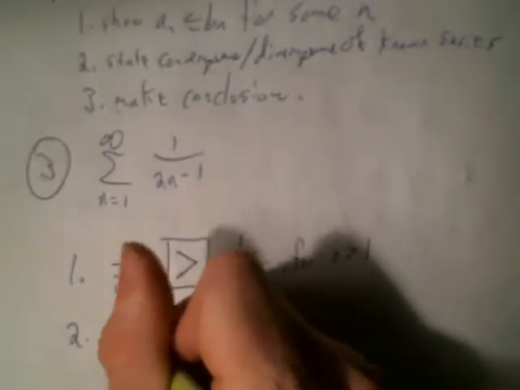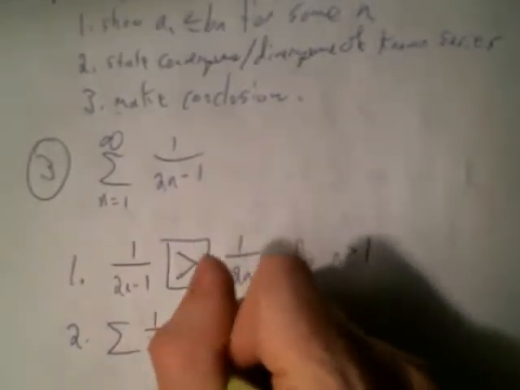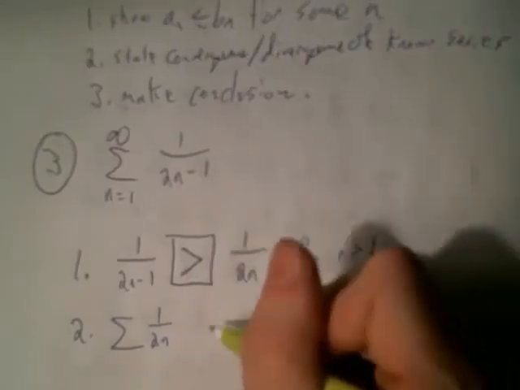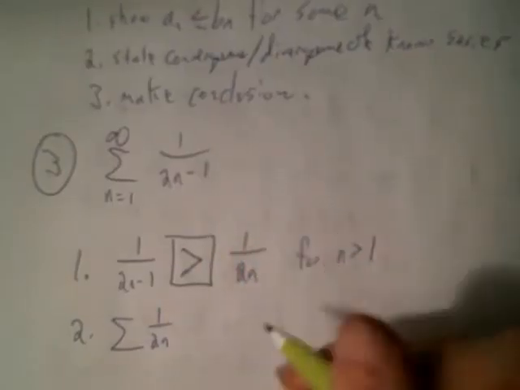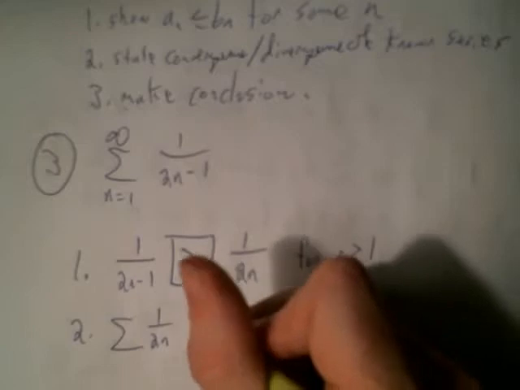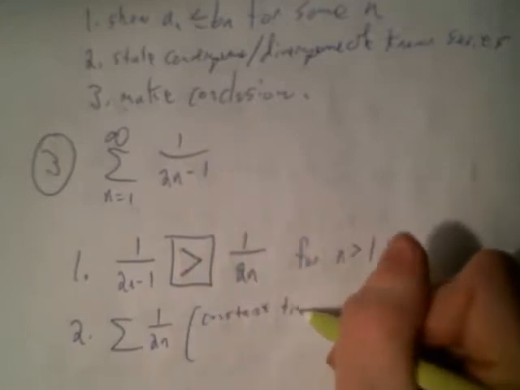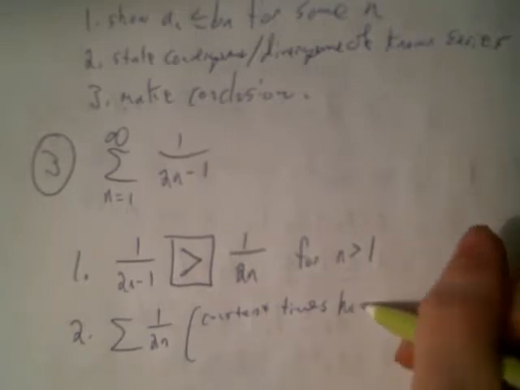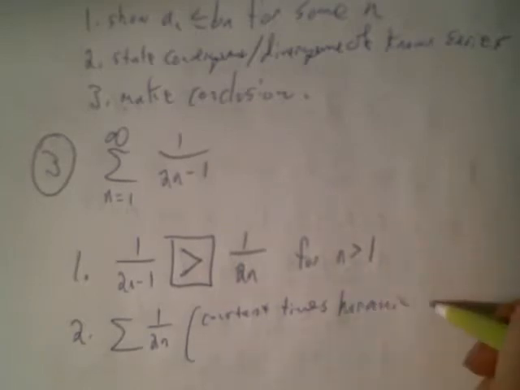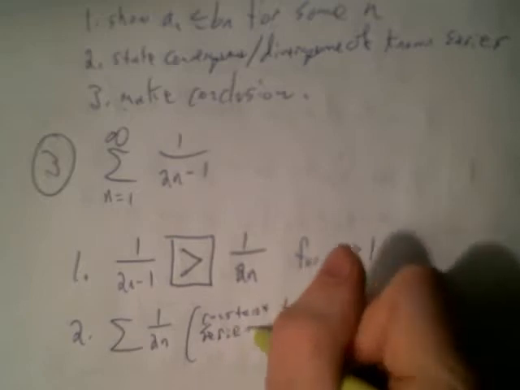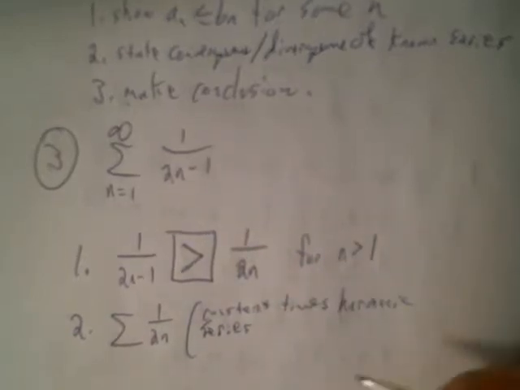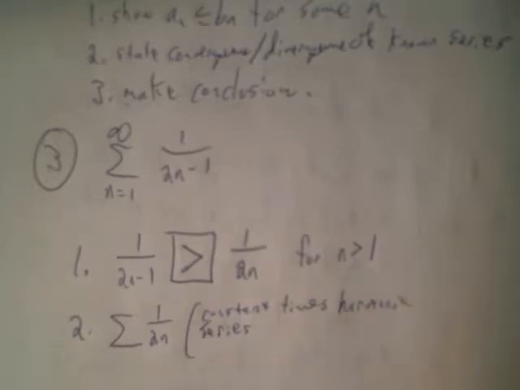Okay, so the series 1 all over 2n, it is basically a constant times a harmonic series. And the harmonic series is divergent, so therefore this series is divergent.